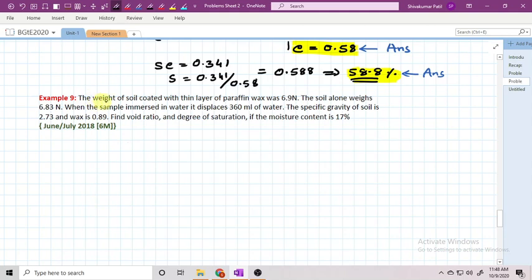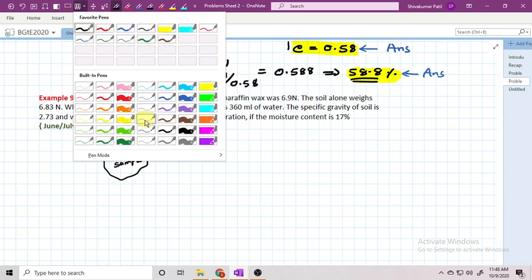What it is telling: the weight of soil coated with a thin layer of paraffin wax was 6.9 Newton. So this is the soil sample, and it is coated with some paraffin wax.